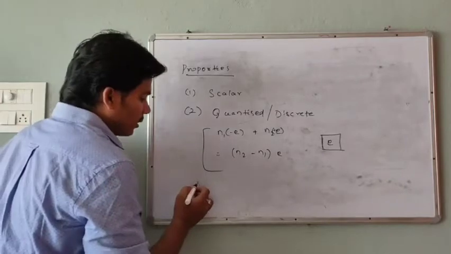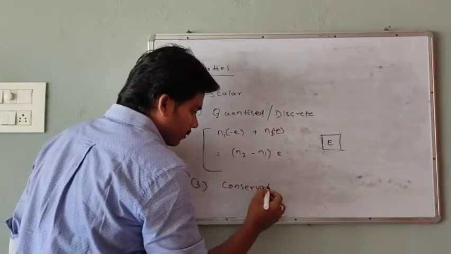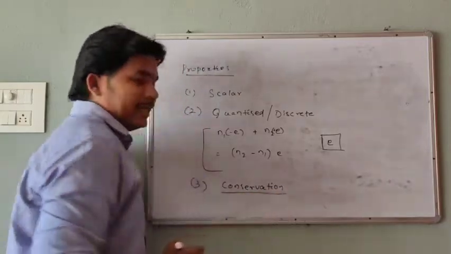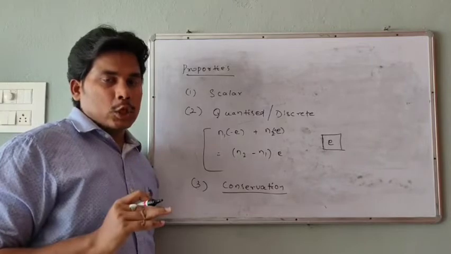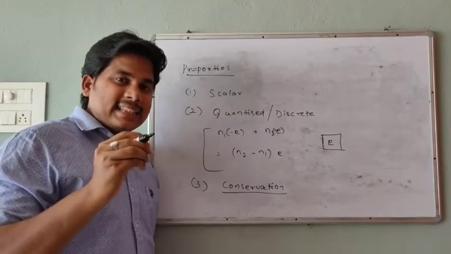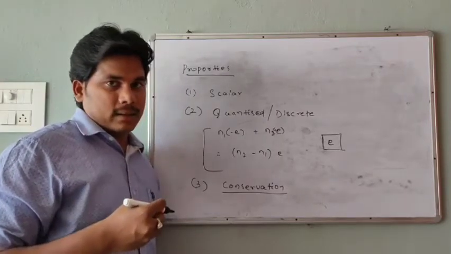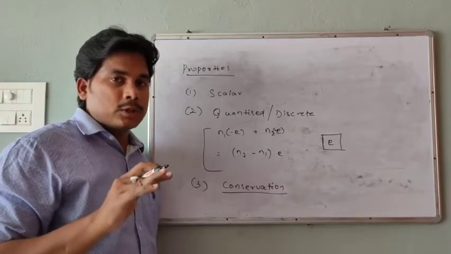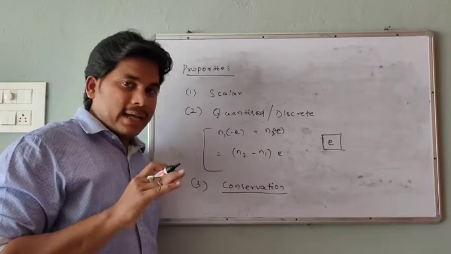And third, we will discuss the conservation of charge. We know that in an isolated system, the net charge is constant. That means it is easy to create a charged particle or destroy a charged particle, but it is not possible to destroy the charge.